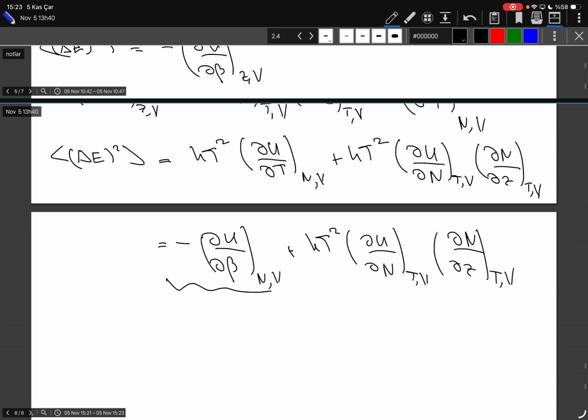So that is nothing but the fluctuation in the energy in the canonical ensemble. So the fluctuation in the energy in the grand canonical ensemble is equal to the fluctuation in the energy in the canonical ensemble plus some correction.